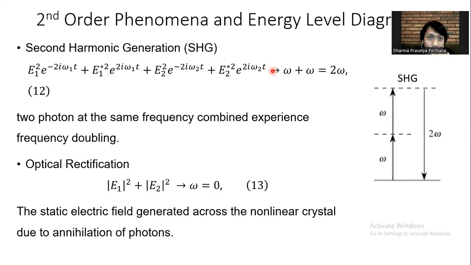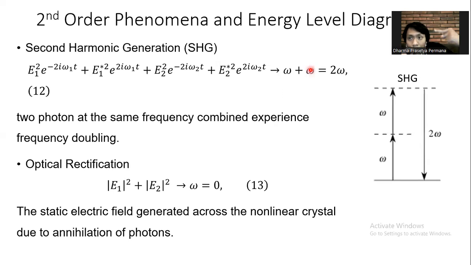Another phenomenon that can happen in the nonlinear order is second harmonic generation. This is a similar process to sum frequency generation, but instead of the summation of omega 1 and omega 2, it is the summation of omega 1 with itself. So in some references, it may be known as the frequency doubling phenomenon.